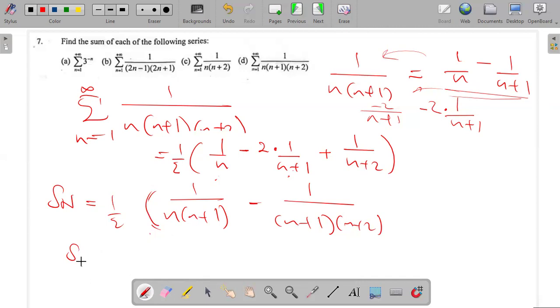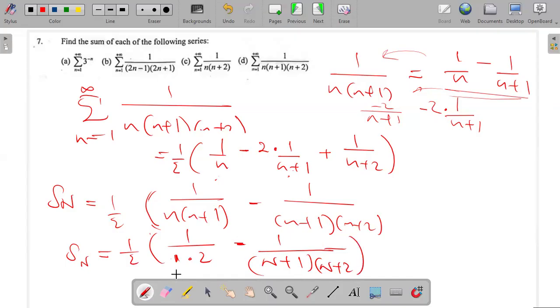Then if I start from 1, that's going to be 1 multiplied by the 2, like this. All other terms this side are going to cancel, apart from the last 2 terms, which are just going to be n plus 1 like that, and then this multiplied by n plus 2. So that's what I'm going to get.